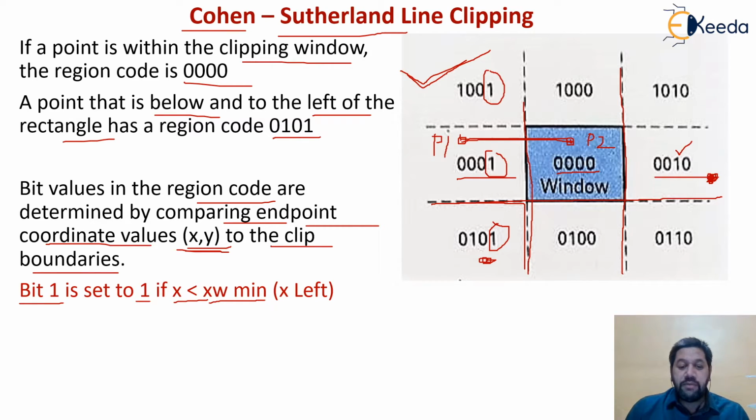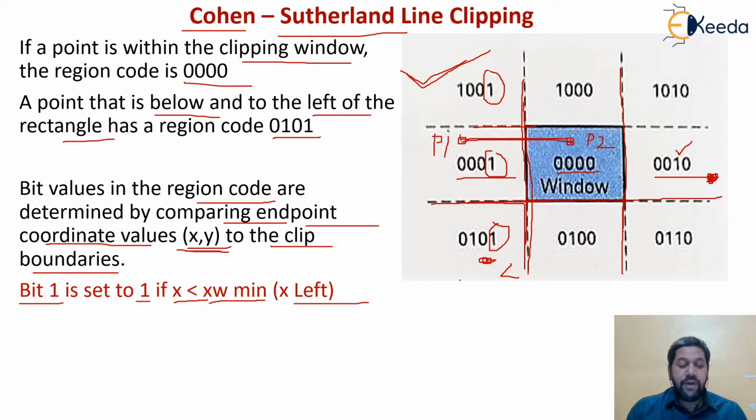This xw minimum is nothing but the left edge, so any point whose x value is less than xw minimum. This is my xw minimum, this is my xw maximum, which is the right edge. This is my yw minimum, this is my yw maximum. Yw minimum means the bottom edge, and yw maximum means my top edge. So I just need to put these 4 conditions to find out the endpoint code of the line.